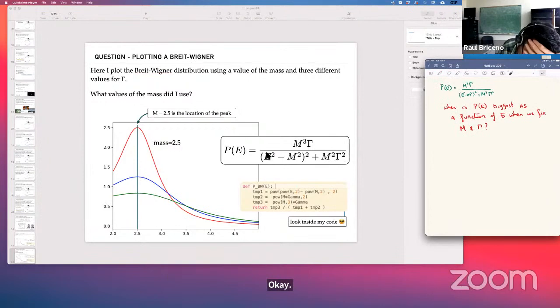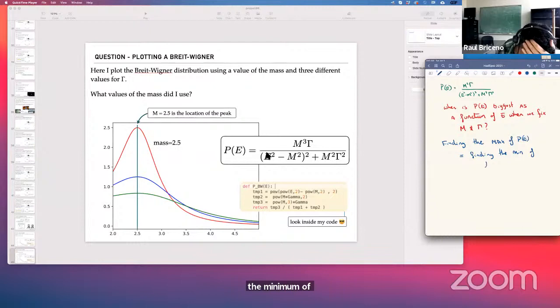This is a simple one because the numerator doesn't vary with E. And so finding the maximum of P(E) is equal to finding the minimum of the denominator of P(E).